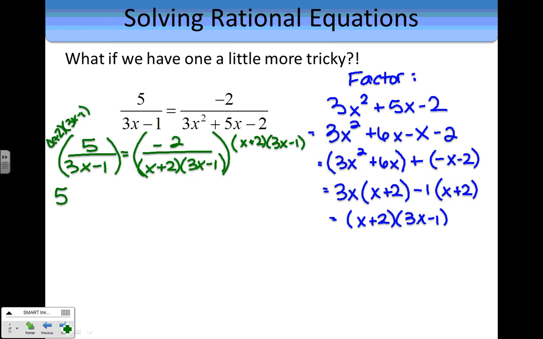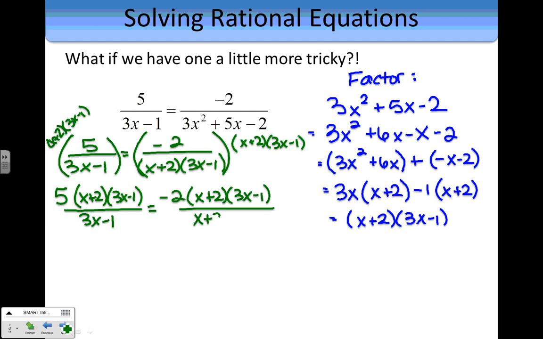So that would be 5 times x plus 2, 3x minus 1 over 3x minus 1, multiplying both sides. Okay, so I just multiplied both sides by that least common multiple.